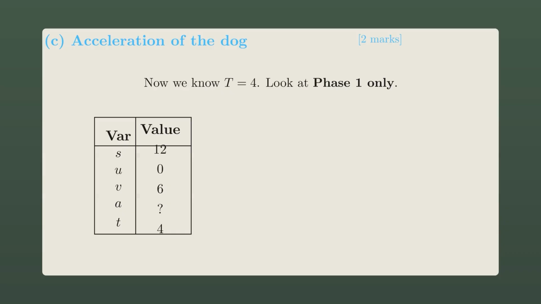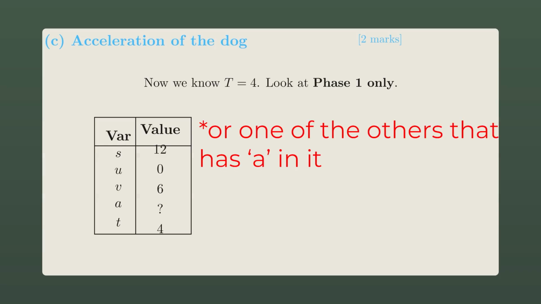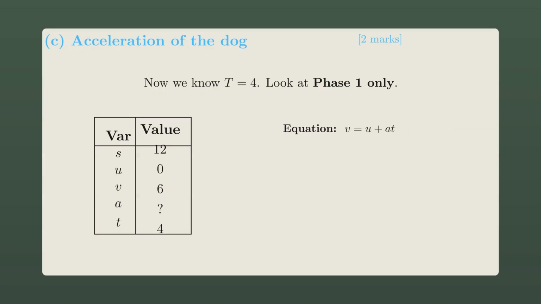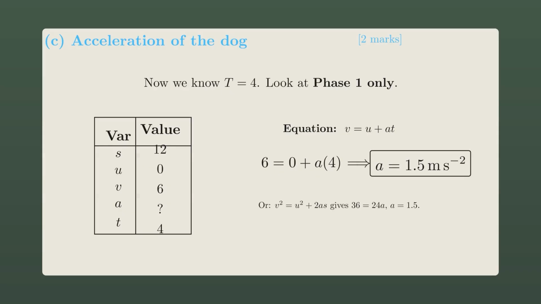We're trying to find A, so really we could use a few equations. We can use V is equal to U plus AT, or V squared is equal to U squared plus 2AS. But what I'm going to use here is just V is equal to U plus AT. So plug in our variables and we get A is equal to 1.5 meters per second squared.